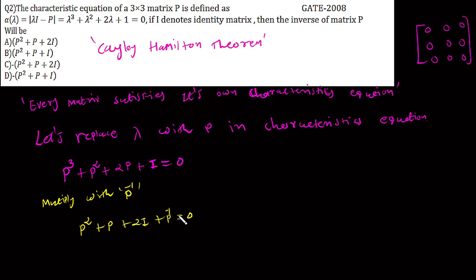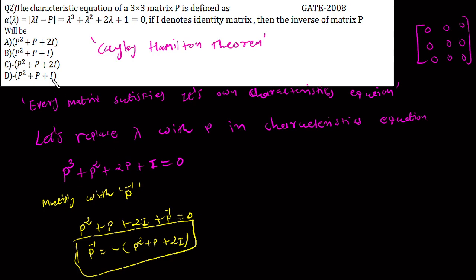So now let's make P inverse the subject. Let's bring these three terms to the other side. So I can write P inverse is nothing but the negative of this polynomial P square plus P plus 2I. So now I have found the inverse in this polynomial form.